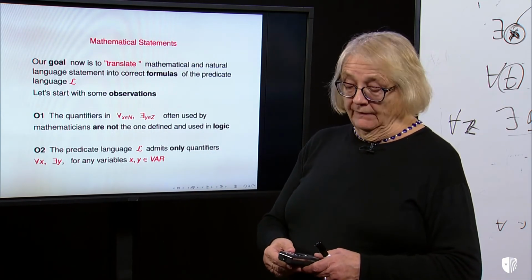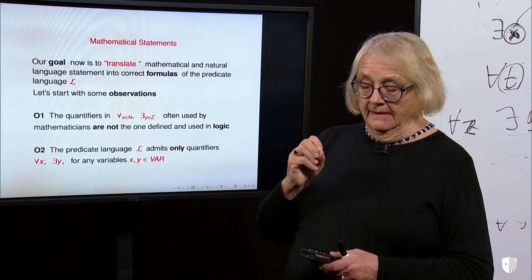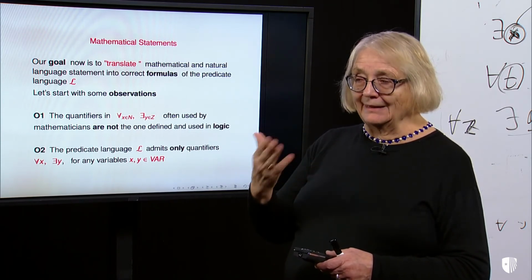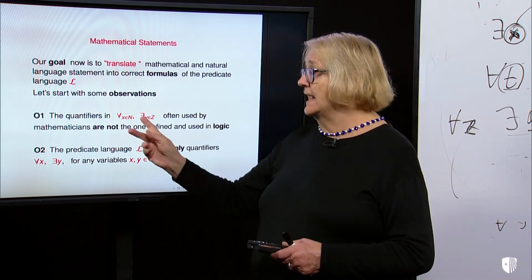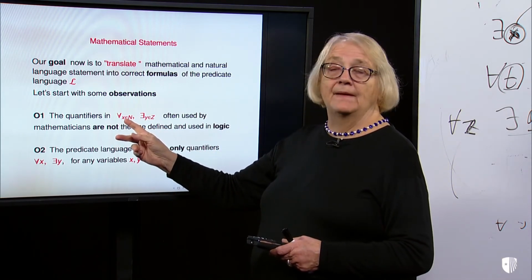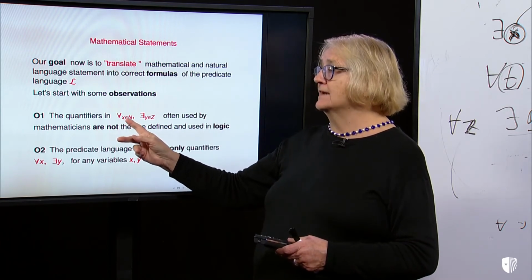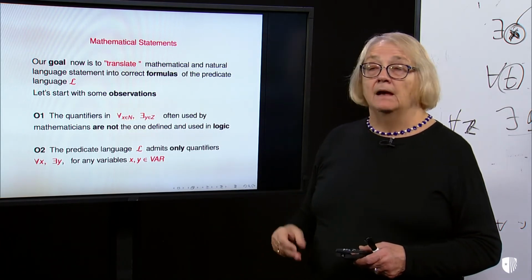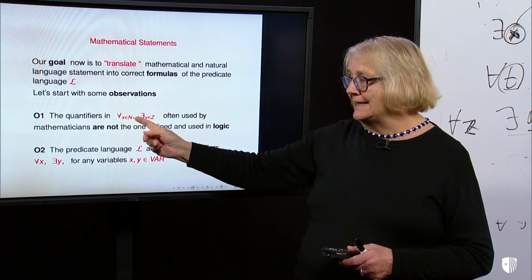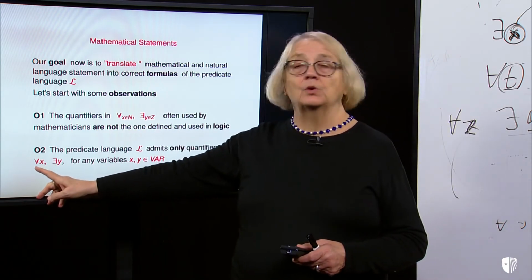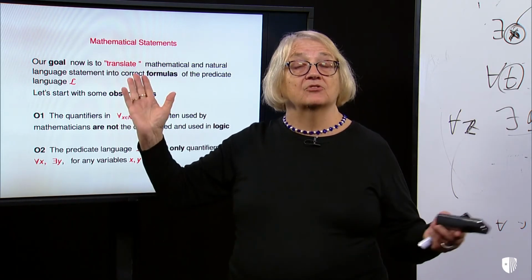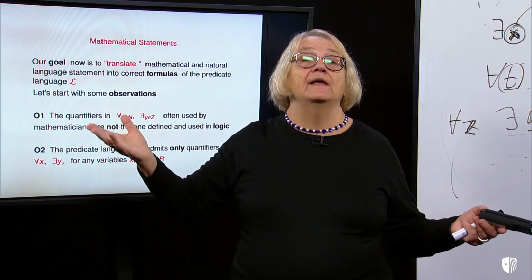Now there is one thing: in natural mathematics we use quantifiers. We say for all natural numbers, for all x in natural numbers. Quantifiers like that do not exist in logic. In logic, you can only write x, and you don't know what the x is.